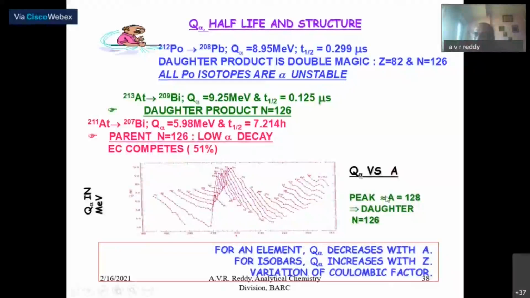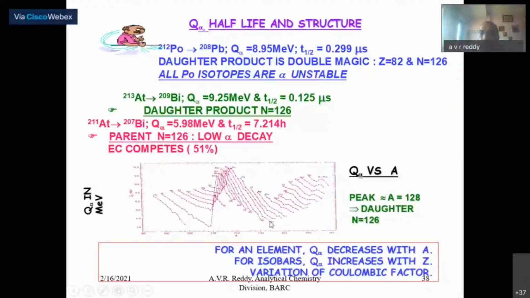This should be N. Yeah. So when it is reaching 126, it will be the most favored configuration. So here in this peak position, N corresponds to 128, not E. And since it is leading to 126, a magic number, the alpha energy is high. So it is a supportive statement for all these.